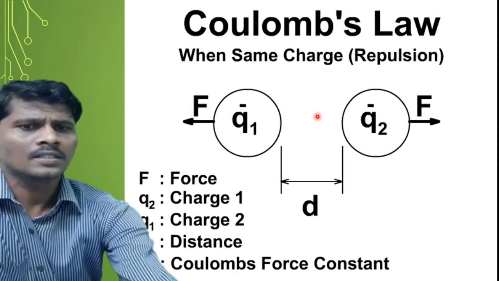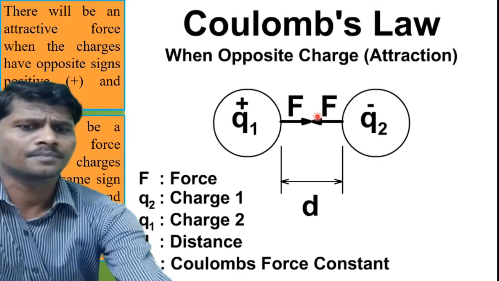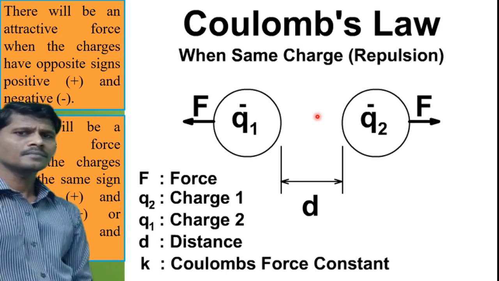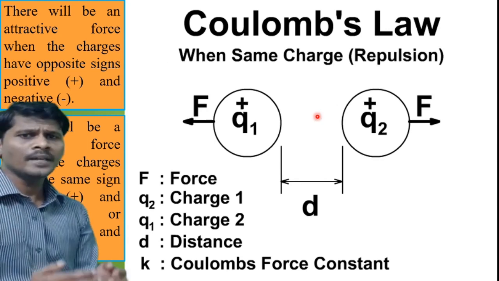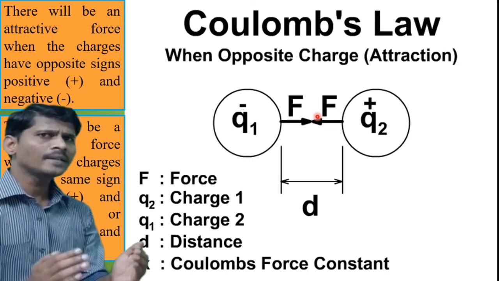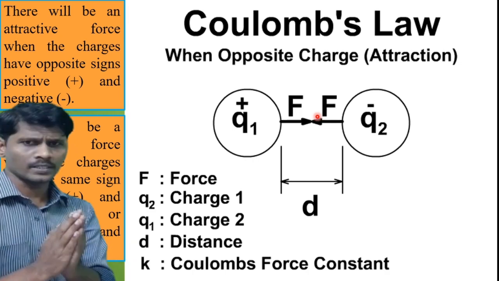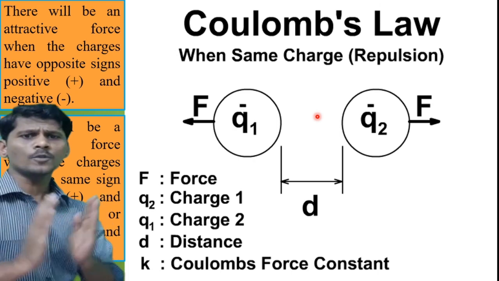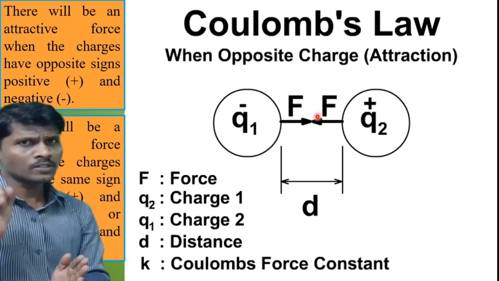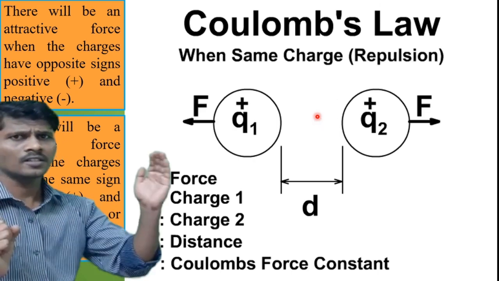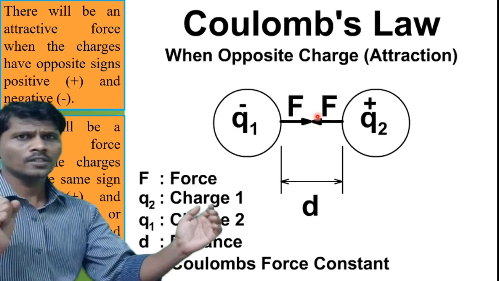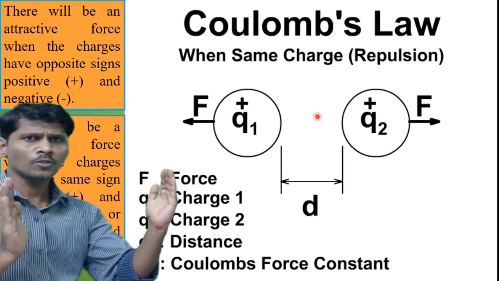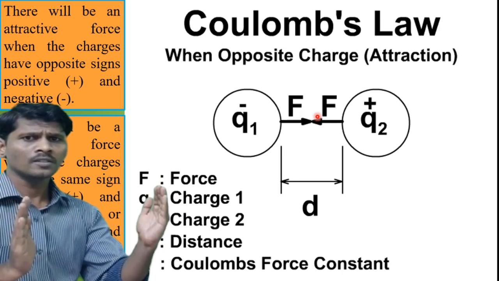See the animation of Coulomb's law. There will be an attractive force when the charges have opposite signs, that is, one charge is positive and the other is negative. What is the force between a positive charge and a negative charge?